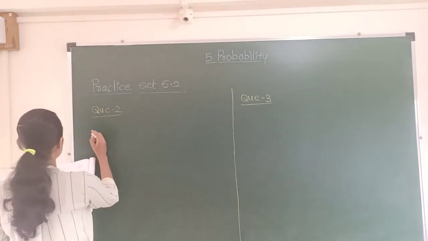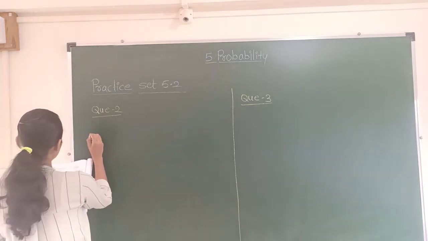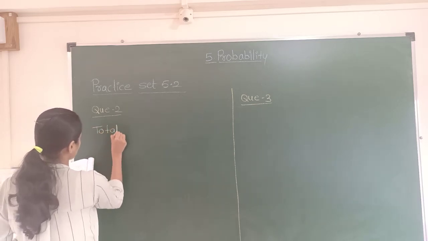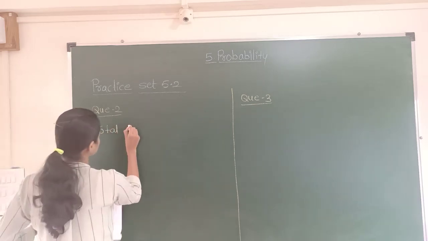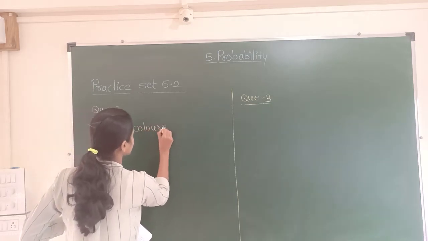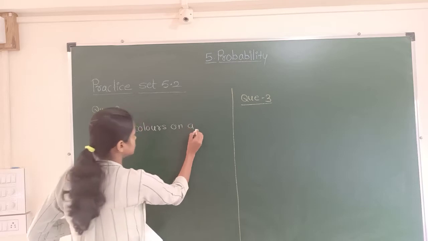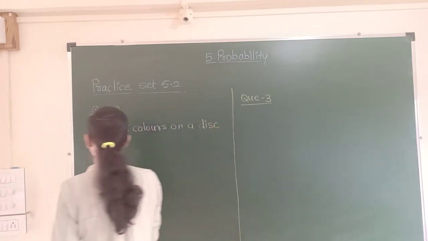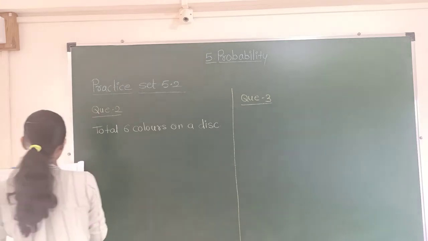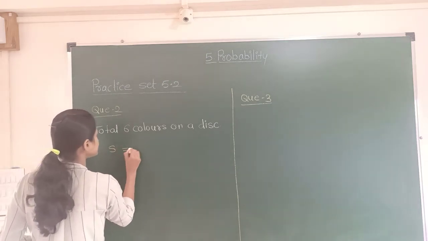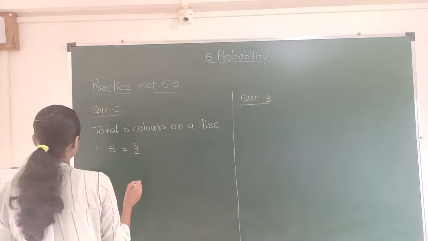So question number 2 is, we will write, there are total 6 colors on a disc. So sample space S is equal to, we will write those colors.